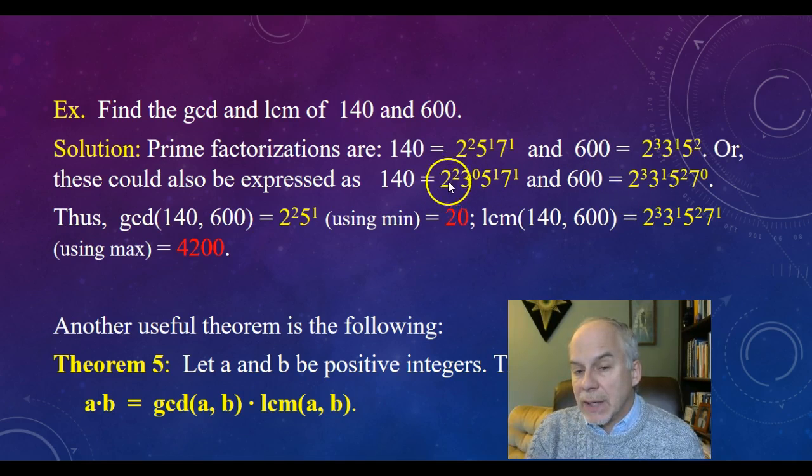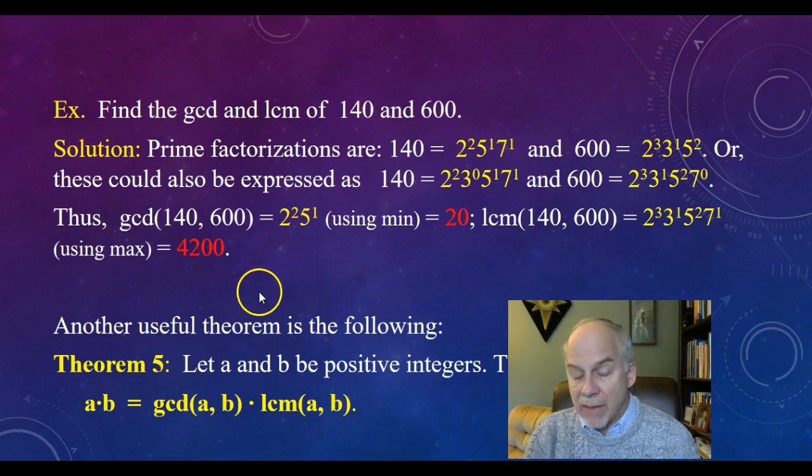So I wrote the 2 squared, 5 to the first, 7 to the first, but I added a 3 to the 0 power because there's no 3's in there. And in the case of 600, I added a 7 to the 0 power because this has a 7. This doesn't have a 7. So it's kind of emphasizing how many 7's that the two numbers have.